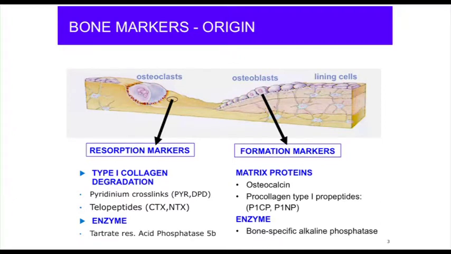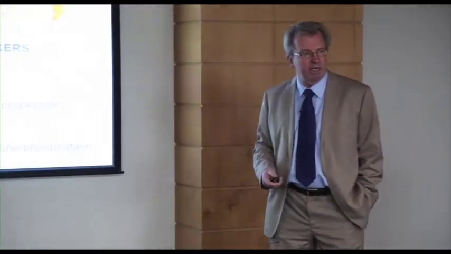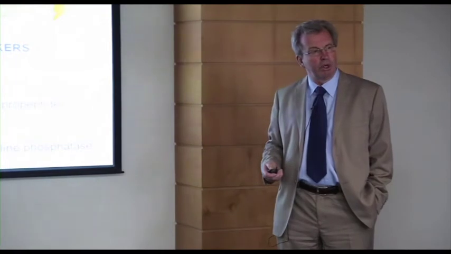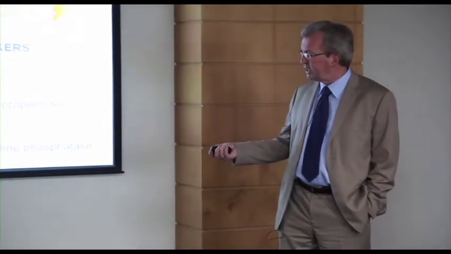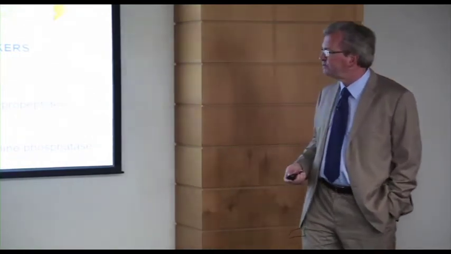It doesn't have as high a diurnal variation as, for example, CTX. With CTX, you also have to remember that patients should not eat before the sample, and it should be taken between 8 and 10 in the morning because it has quite a significant diurnal variation.